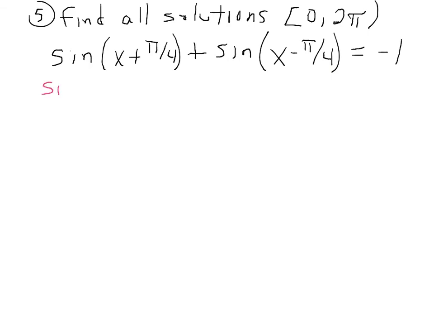So we'd have sine of x cosine of pi over 4 plus cosine of x sine of pi over 4. Okay, that's just this first part.